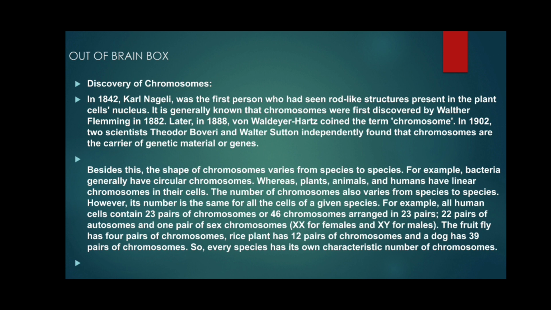Carl Nageli was the first person who observed the rod-like structures present in the plant cell nucleus, and it is generally known that chromosomes were first discovered by Walter Fleming in 1882.